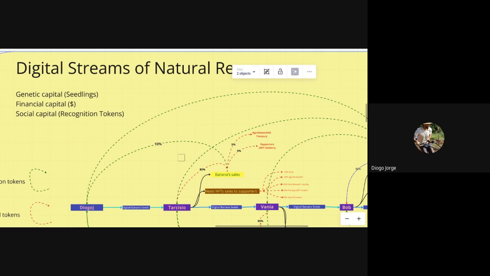We think we could have another way, a way to recognize the contribution that doesn't depend on sales. So that's why we are thinking of these reputation tokens. So in short, to answer that, it's been at least 2 years, maybe more.